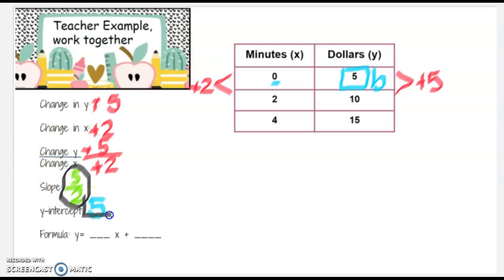My intercept was 5. I'm going to plug them into where they belong in my equation. Remember, the circle is with the letter x. So that means that y is equal to 5 over 2x plus my intercept, which was 5, so the number 5.